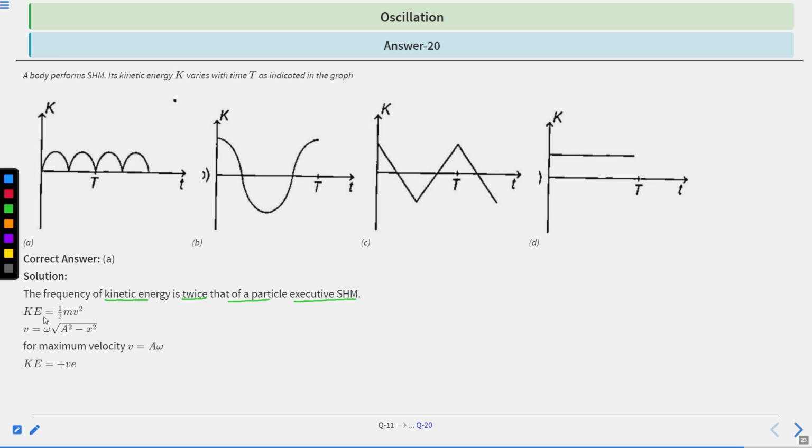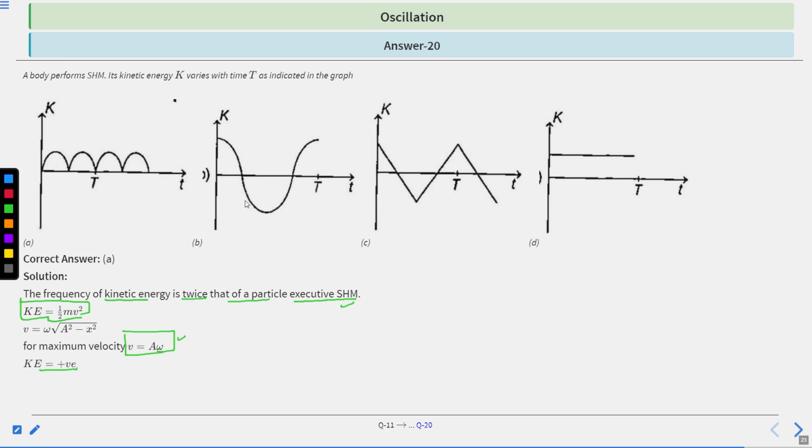Kinetic energy equals half m v square, and v equals omega under root a square minus x square, if the motion is SHM. For maximum velocity, v equals a omega. That's why kinetic energy should be positive.